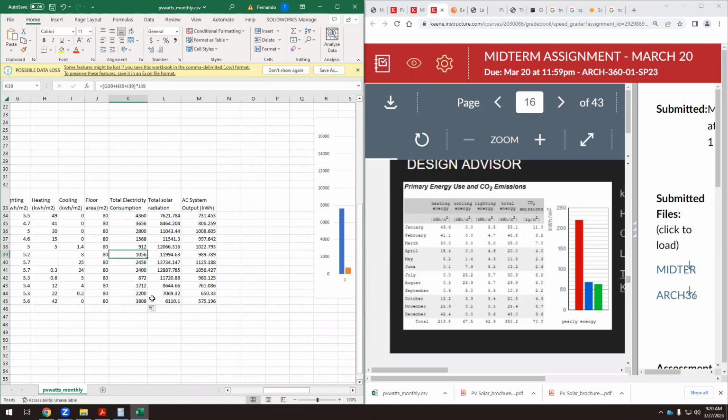Well, there are months in which we get a zero energy building. In May, we have a zero energy building. And in June, we are very close to a zero energy building. In September and October, we are close to a zero energy building. So that's it.